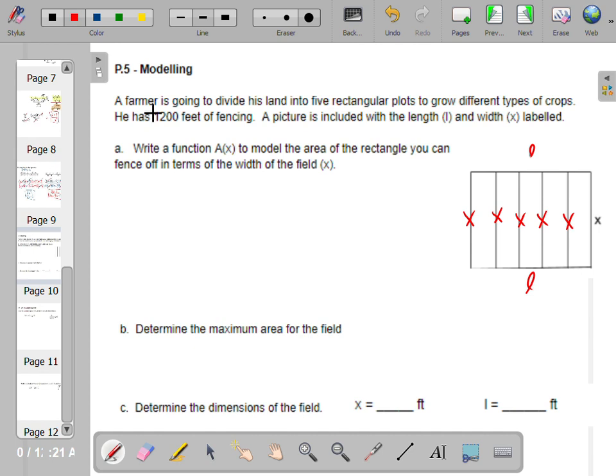So I'm going to think, first of all, I have fencing, that's perimeter. So perimeter in this problem would be 1, 2, 3, 4, 5, 6x plus 2 lengths equals 1,200 feet of fencing. Okay. I also know that area of this big rectangle would be x times L. But they want me to write an equation, A of x in terms of width.